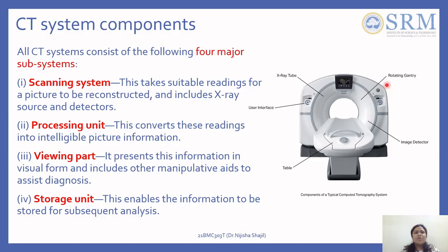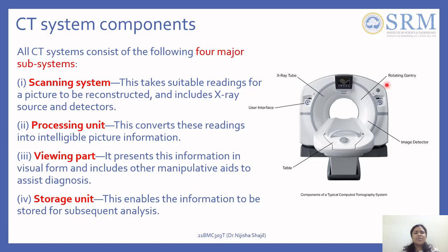Let us now see the different components of a CT system. We have seen the principle; now the components. Majorly there are four: the scanning system, where you send the X-ray, take it in the detector, detect it and reconstruct it, which mainly includes the source and the detector.